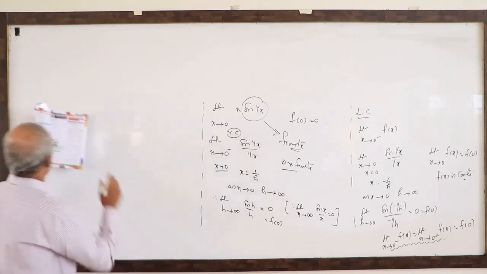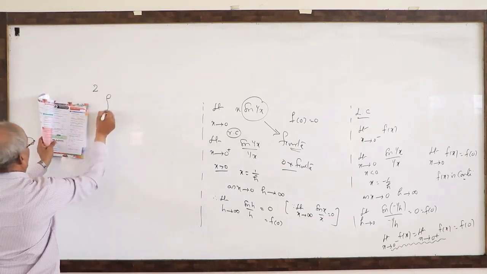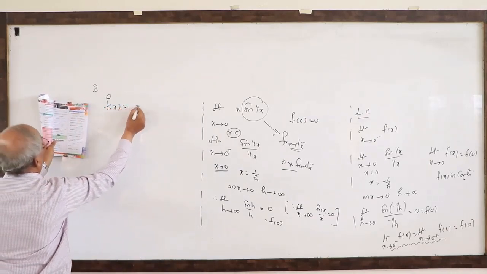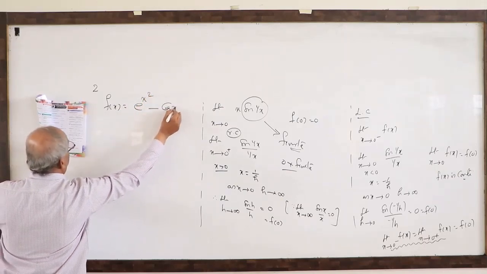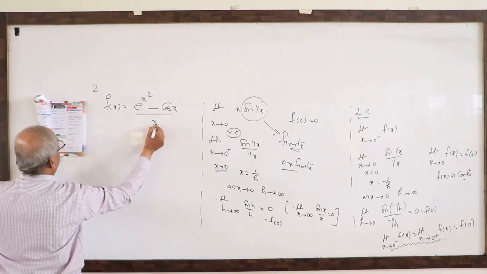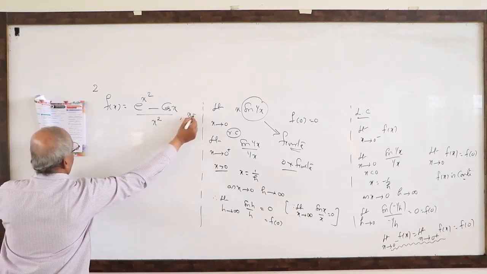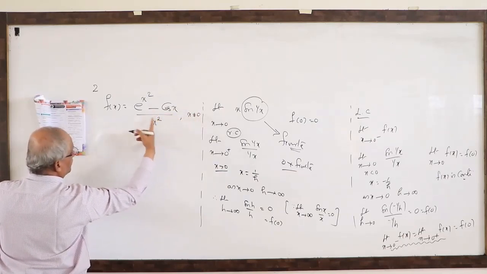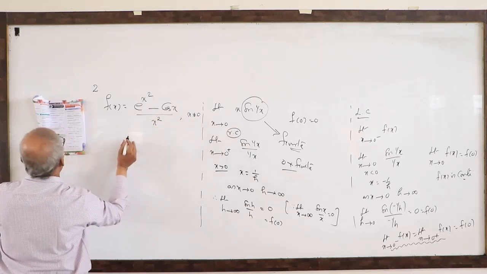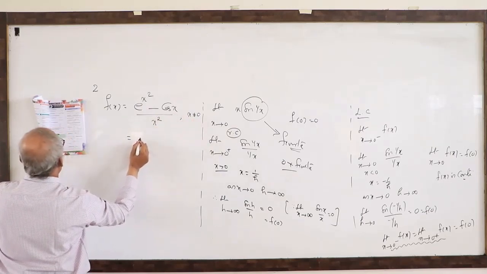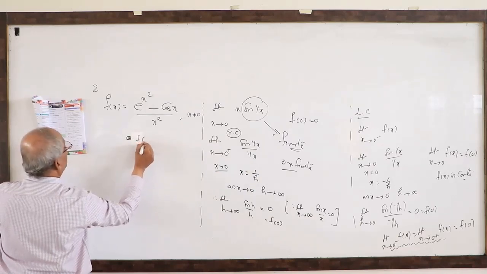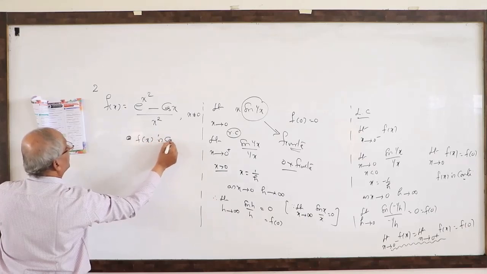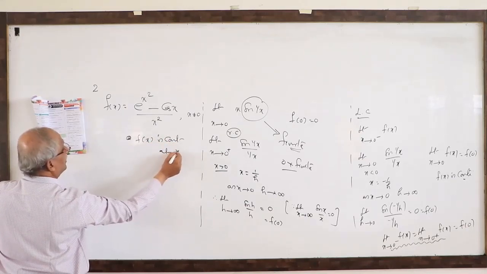Now, second problem: f of x equals e power x square minus cos x by x square. Compulsory x must be non-zero. It is given that f of x is continuous at origin.